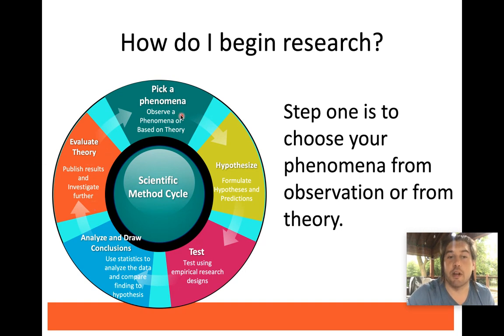This is all the stuff that I based my picking of a phenomena off of, right? I looked at all the other research, at all the other theories that existed about relationships, and I chose a phenomena, and I've gone through this cycle, and now I'm going to end up back where I started. I'm going to add to the literature.